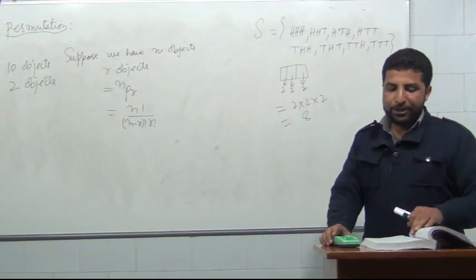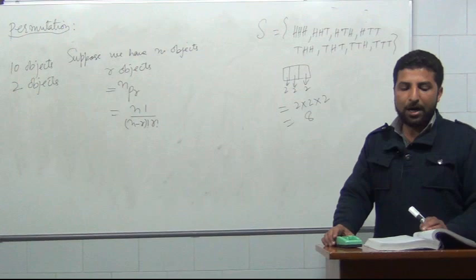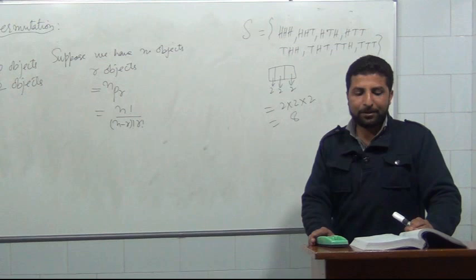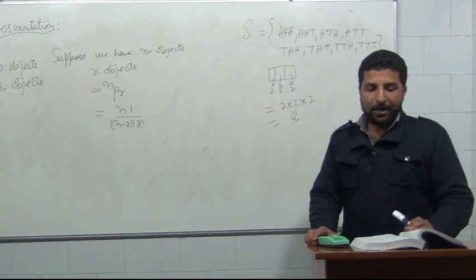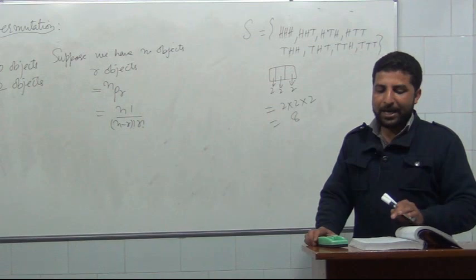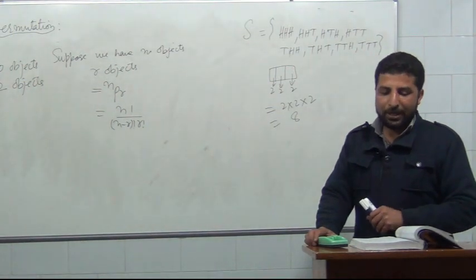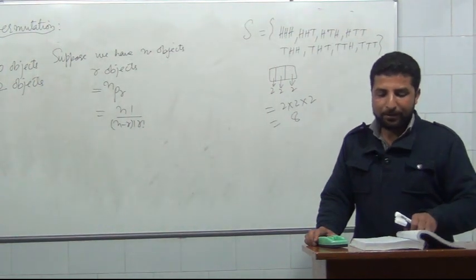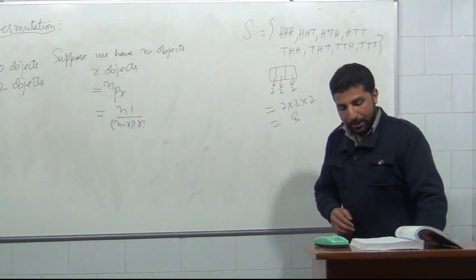The number of permutations of n different objects taken r at a time, where r lies between 0 and n, and the objects do not repeat, is n into n minus 1, n minus 2, up to n minus r plus 1, which is denoted by nPr.